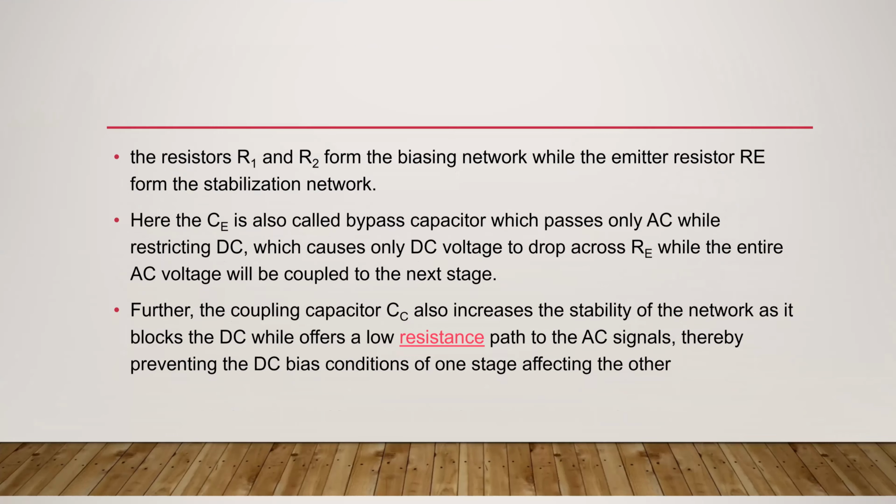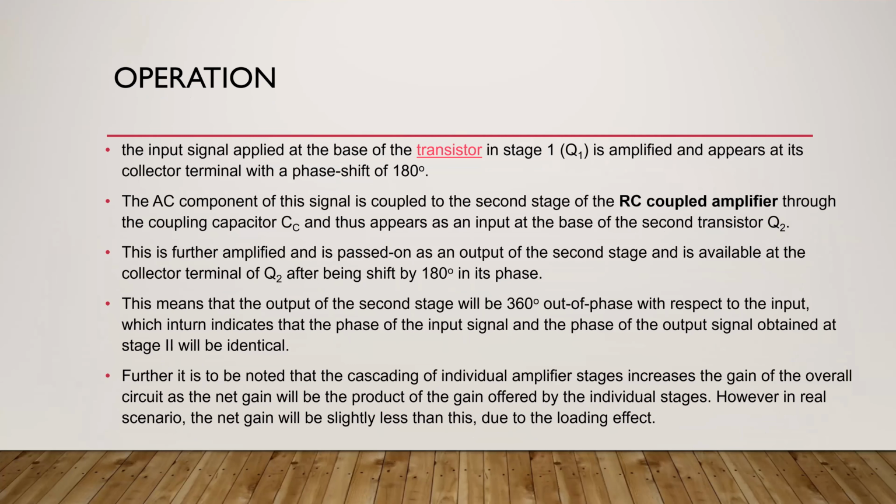This is nothing but the loading effect. The major drawback of the RC coupled amplifier is its impedance mismatch, due to which the loading effect is more in the RC coupled amplifier. If the loading effect is more, the overall gain of the multi-stage amplifier is also going to reduce.